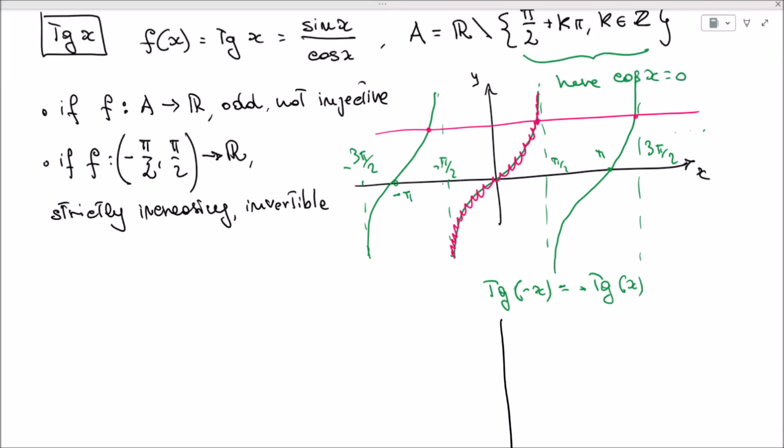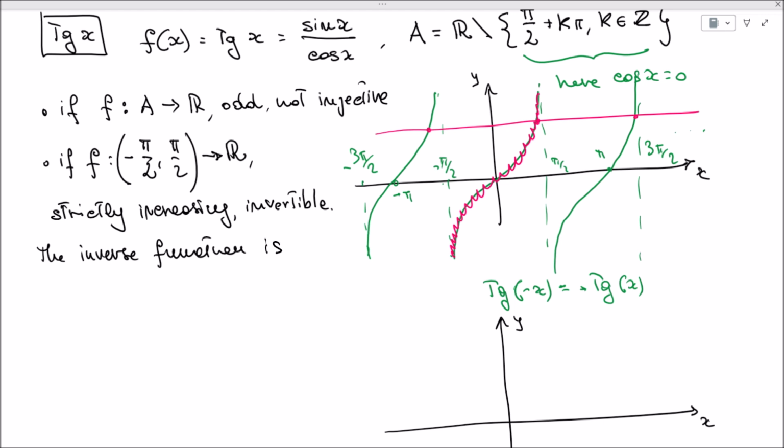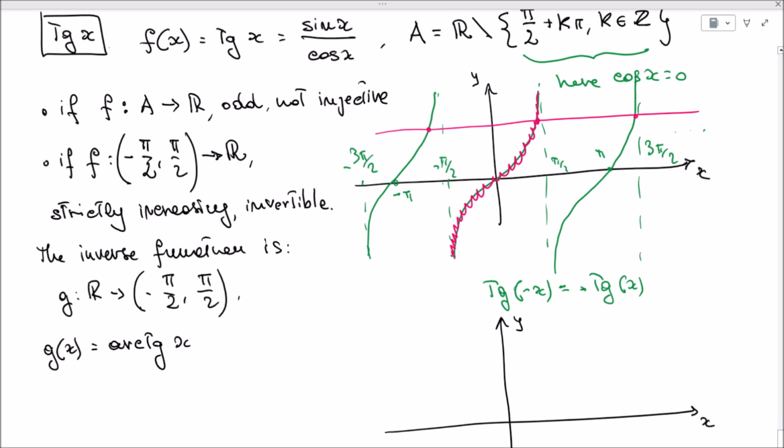The inverse function is g, which goes from R to minus pi over 2, plus pi over 2, and it is called g of x equals arc tangent of x, and it turns out that it is another odd function.